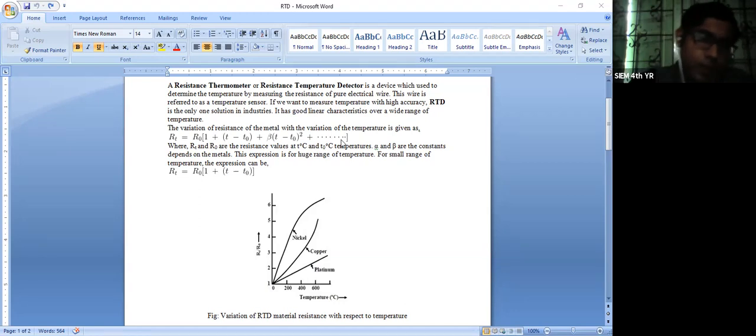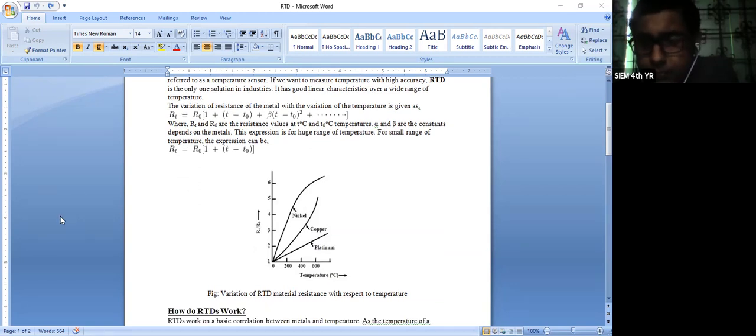You need to remember this second one mainly. With the help of these two equations, we can find out the resistance value of the RTD material for a large change in temperature and for a small change in temperature. Clear? Any doubt till now?